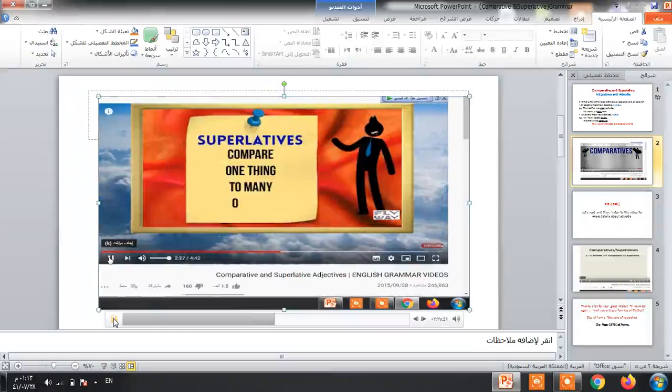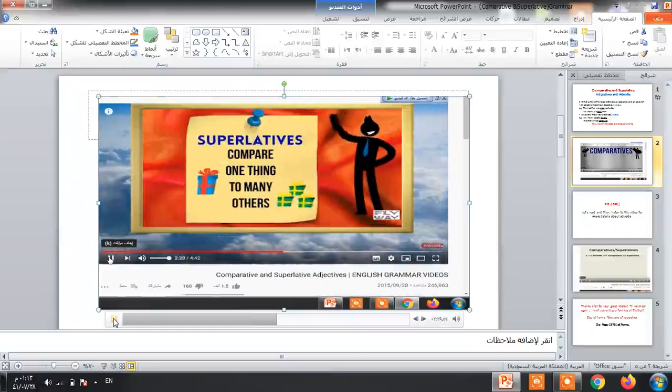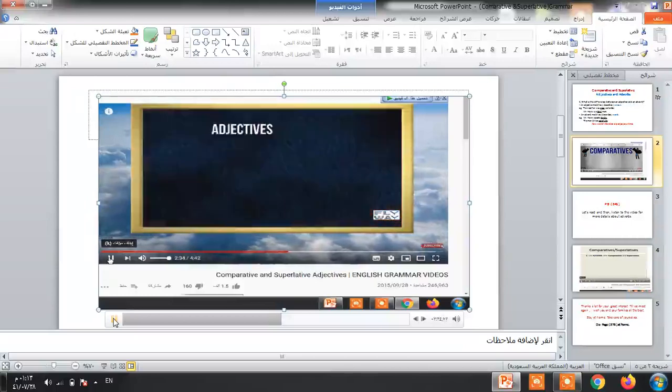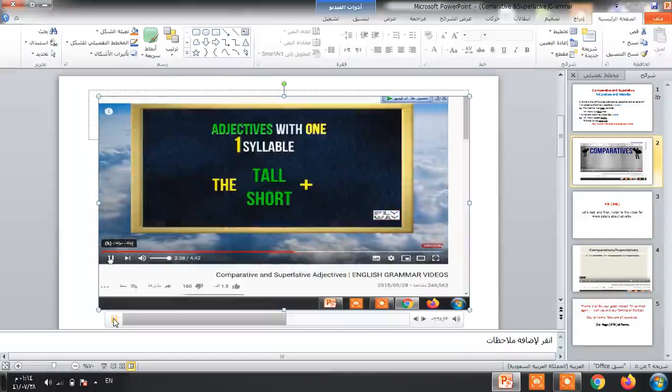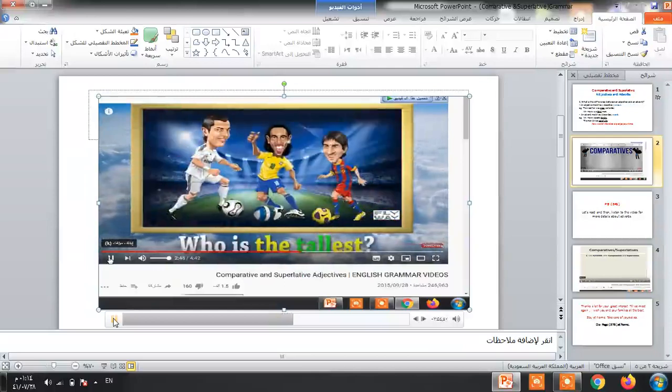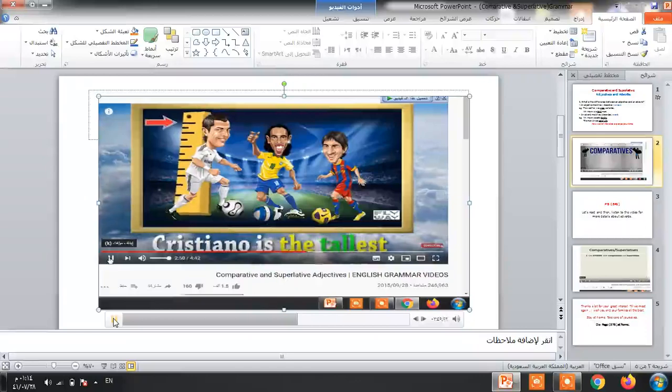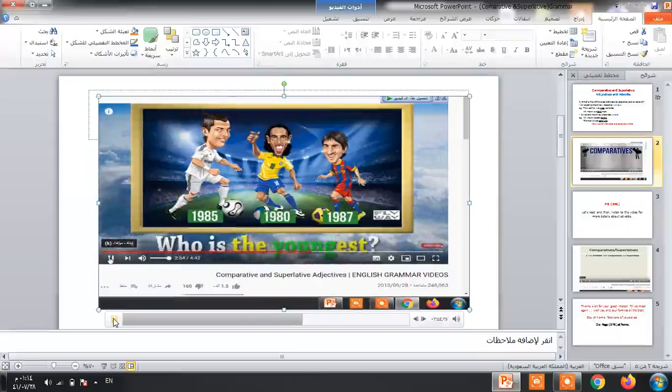Superlatives compare one thing to many others. Who is the tallest? Cristiano is the tallest. Who is the youngest? Messi is the youngest.